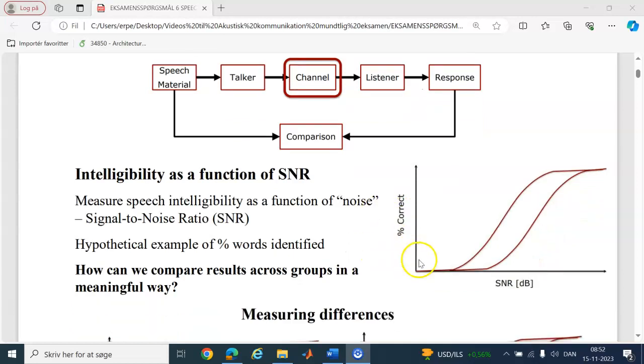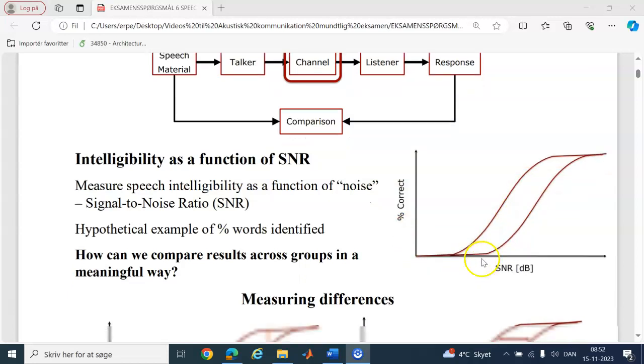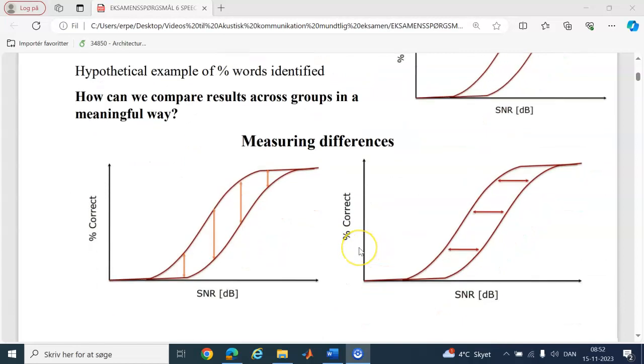So we have here a graph, SNR in dB on the first axis, and then percent correct for two different groups. It's a psychometric function. Measuring differences: we can have, for instance, a specific SNR in dB, and then compare the two groups and see that there's a difference between the percent correct words.